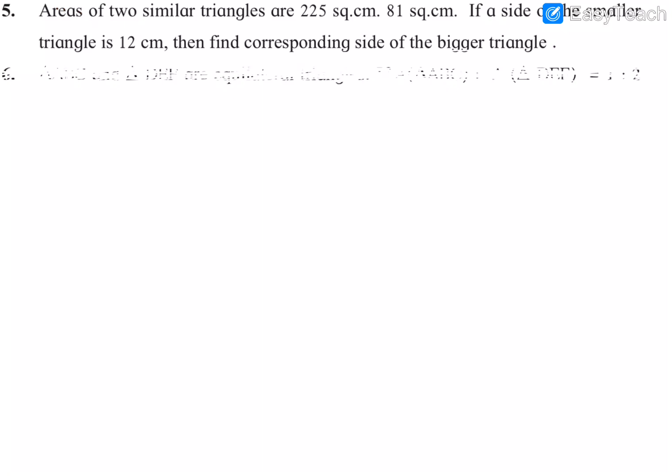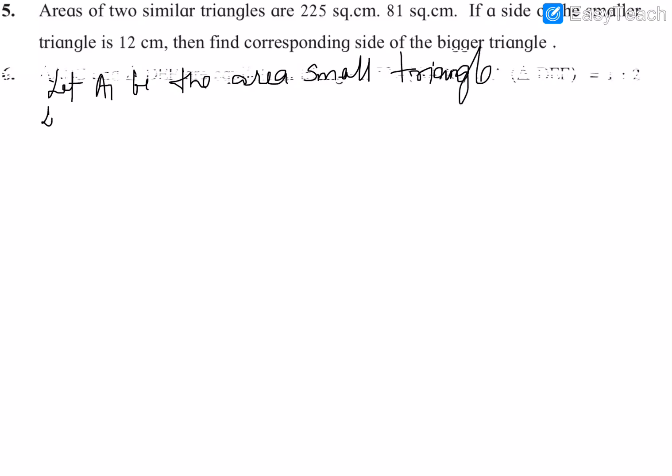First we can write what is given in this problem. The areas of the two triangles are given. Let A1 be the area of the small triangle and A2 be the area of the big triangle.